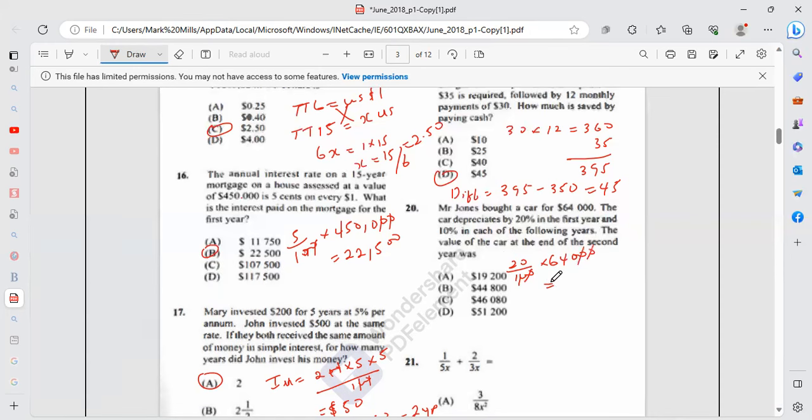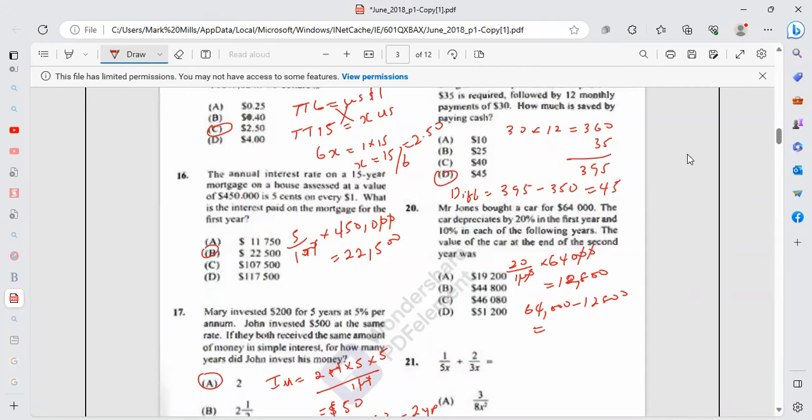So 640 times 20, right? So this will give me 128, right, with 2 zeros. So 12,800. So that means the car would have depreciated by 12,800 for the first year. So 64,000 minus 12,800, right?